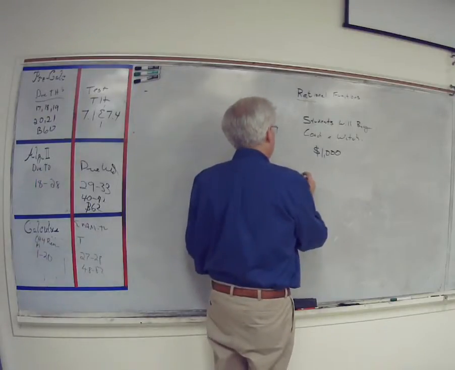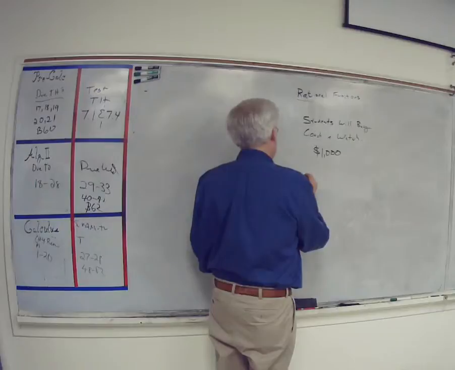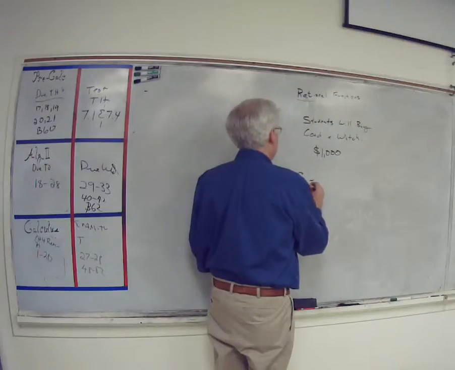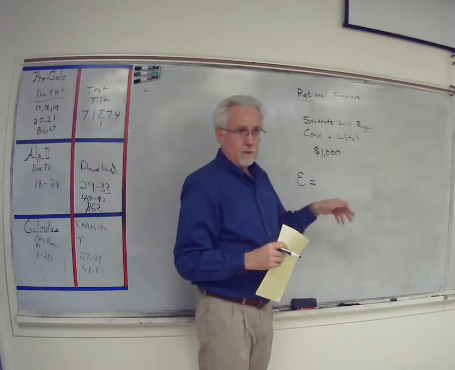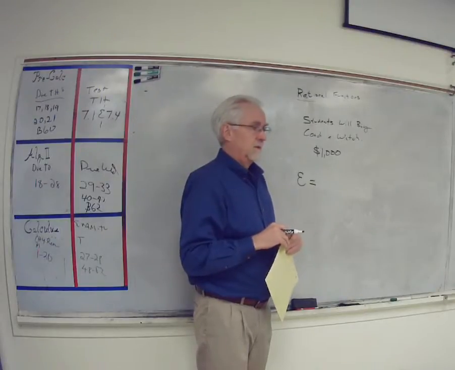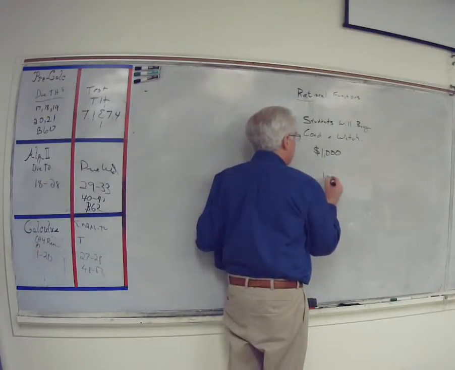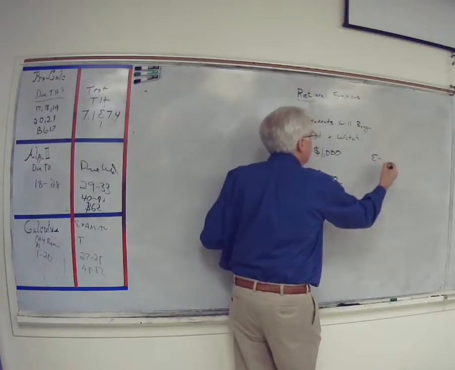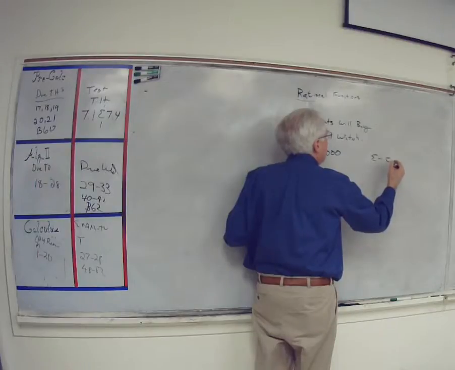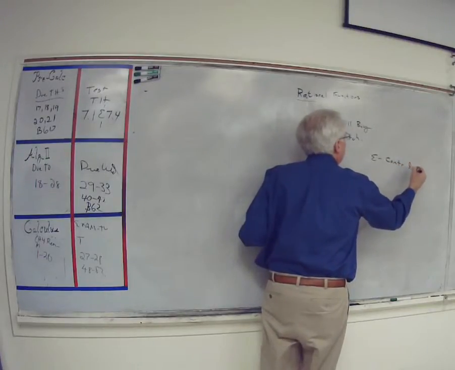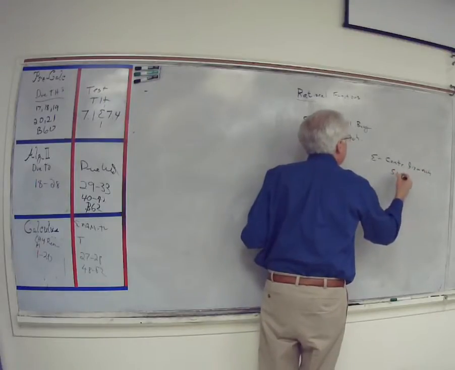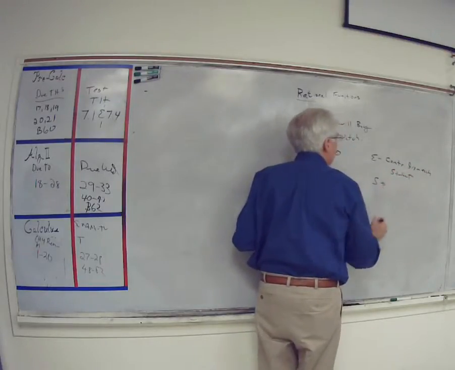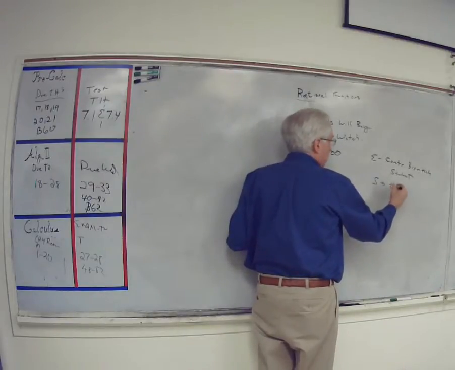Let's set up an equation. E, what each student should give, is equal to 1,000 over S. E is the contribution from each student, and S is the number of students.